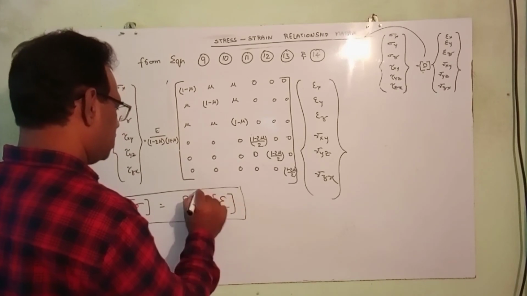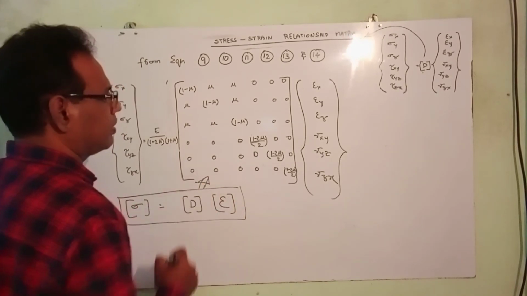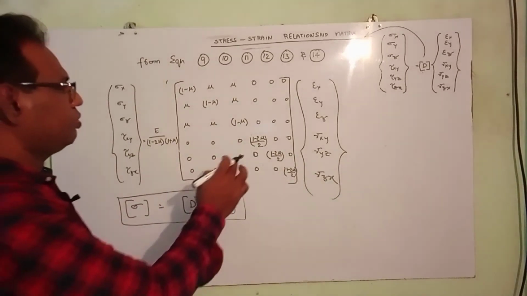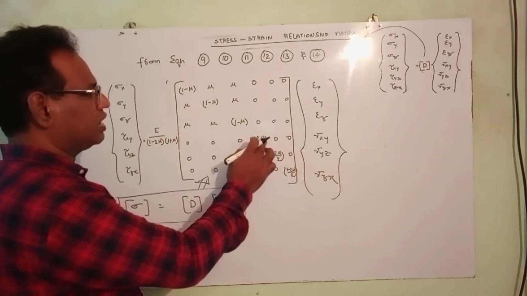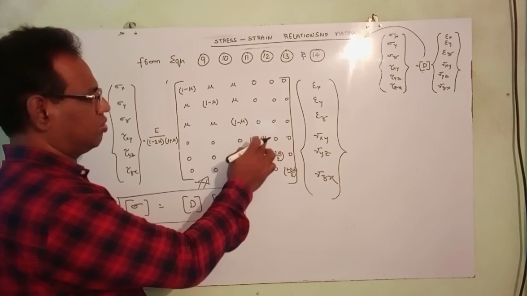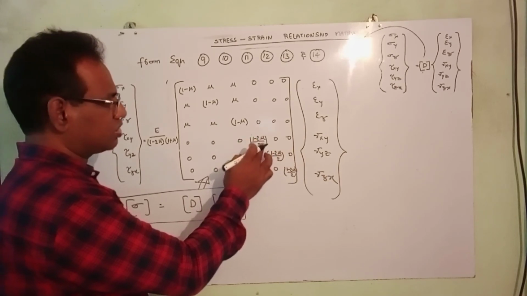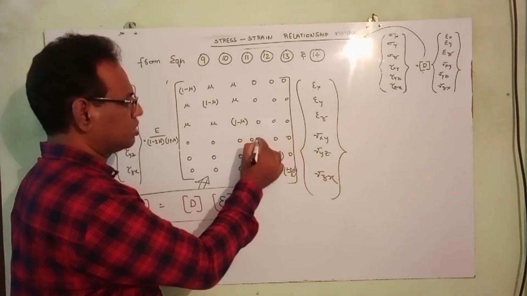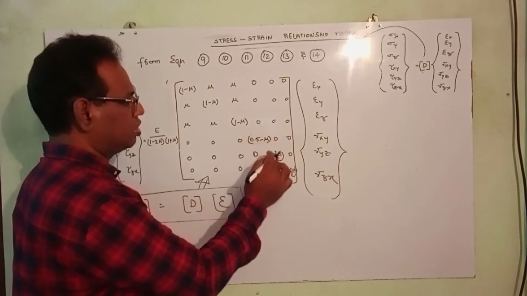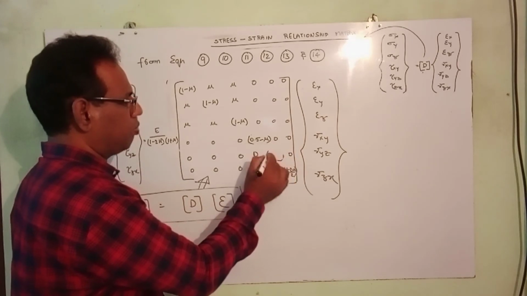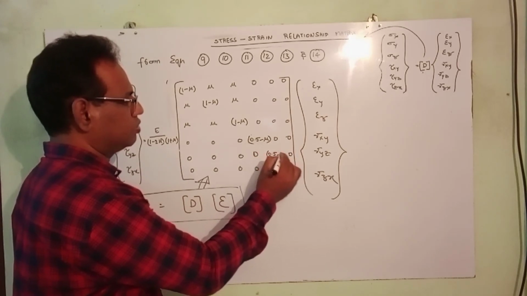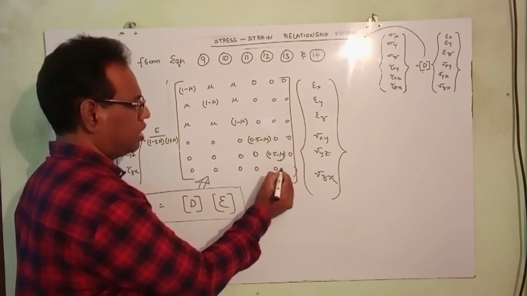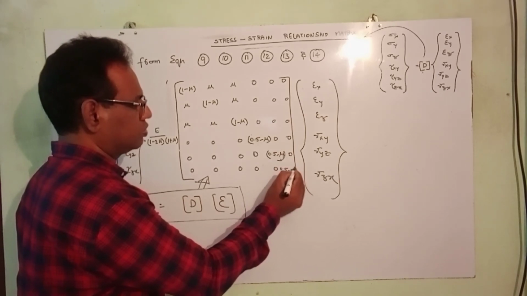Now this is the interrelationship matrix. Here, instead of putting (1 minus 2 mu) by 2, you can also write 0.5 minus mu, like this. So 0.5 minus mu, 0.5 minus mu, 0.5 minus mu.